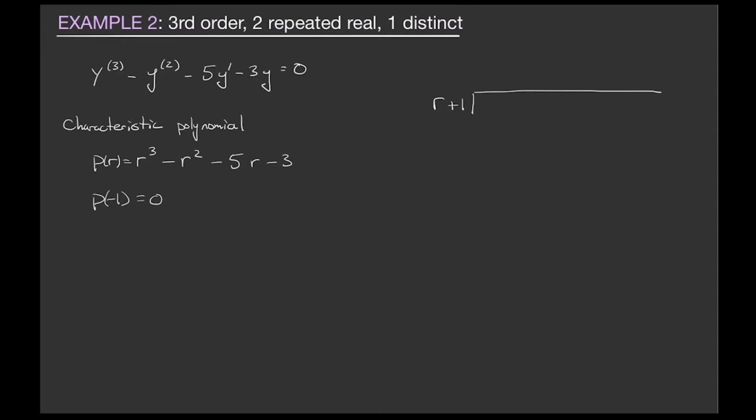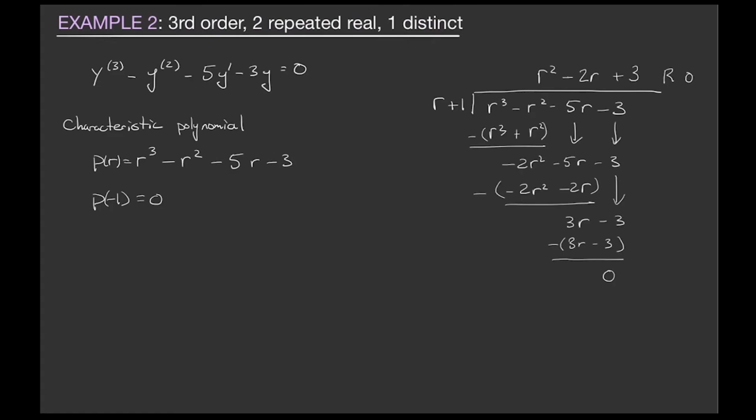We'll divide that into the polynomial r cubed minus r squared minus 5r minus 3. Following the algorithm, this gives us a factorization that p of r is equal to r plus 1 times r squared minus 2r plus 3.